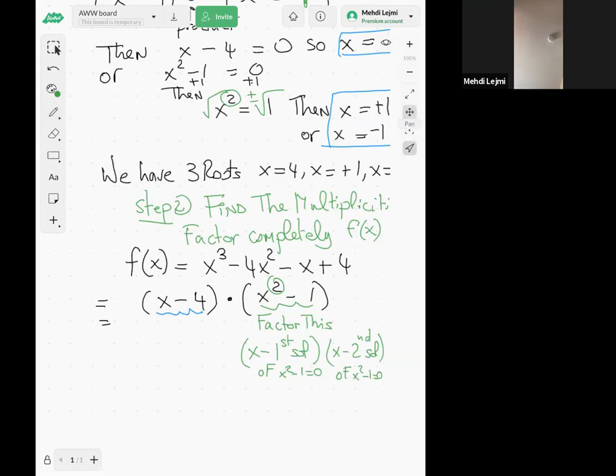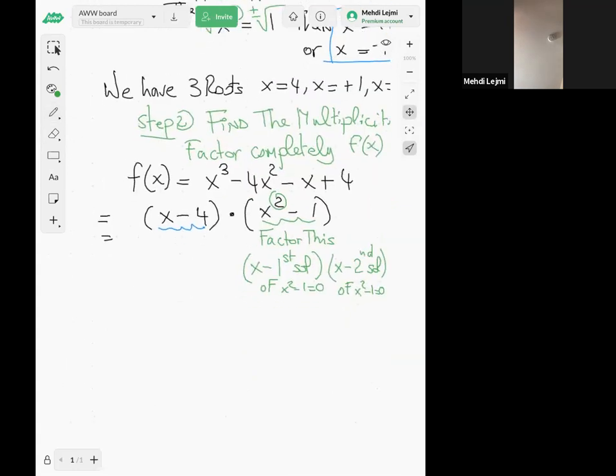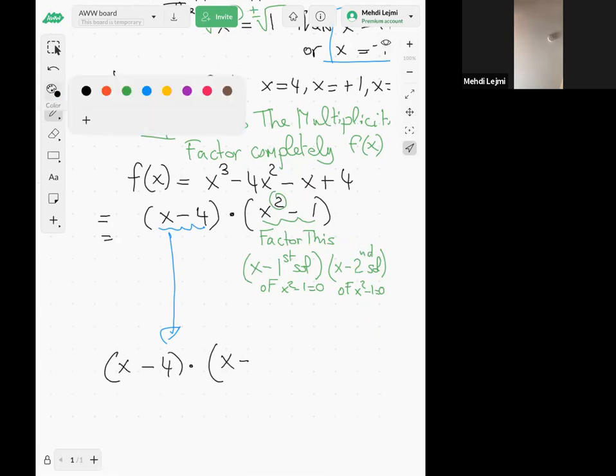All right, so I have my x minus 4, times x minus the first solution of x squared minus 1 equal to 0. The first solution was positive 1, so it's x minus positive 1, times x minus the second solution, which is negative 1.